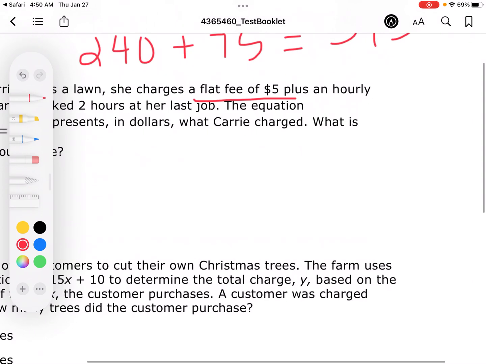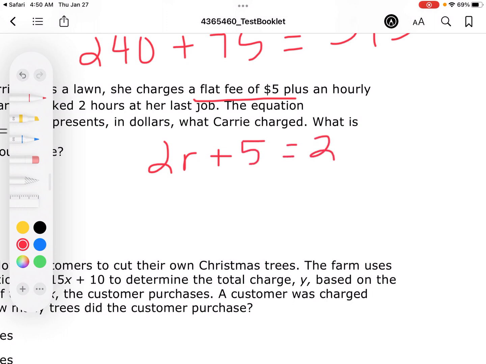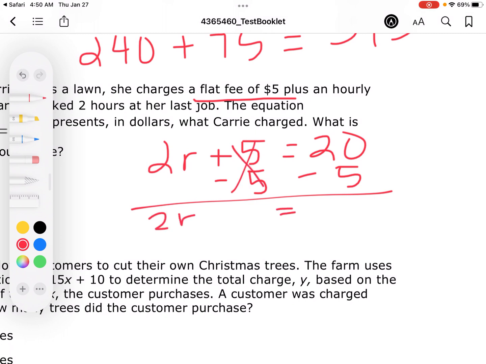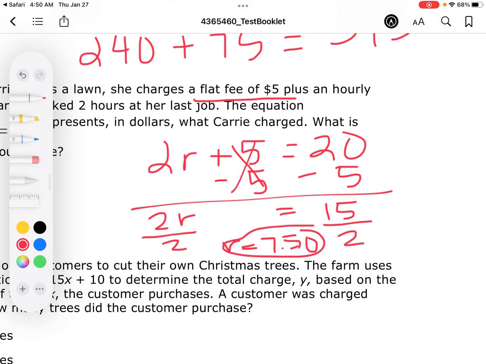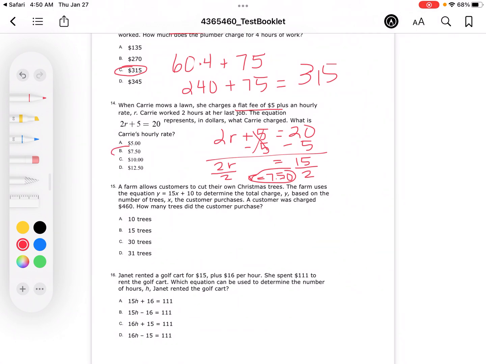So now we just have to solve that equation. 2r plus 5 equals 20. So I'm going to subtract 5 on each side. And it's money, so I have to have 2 places behind my decimal. So $7.50.